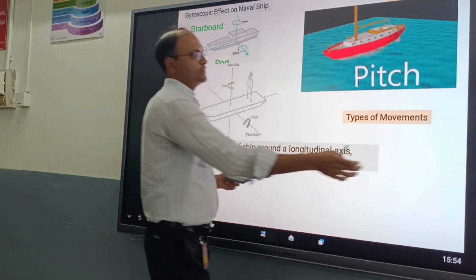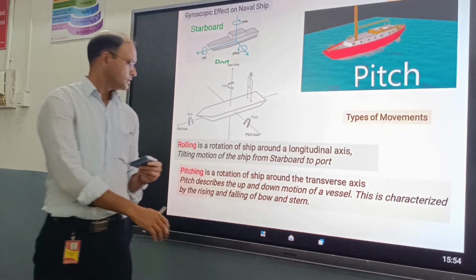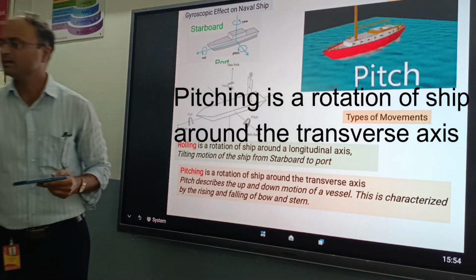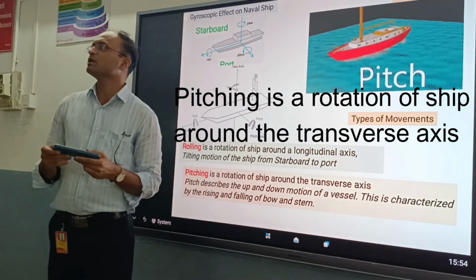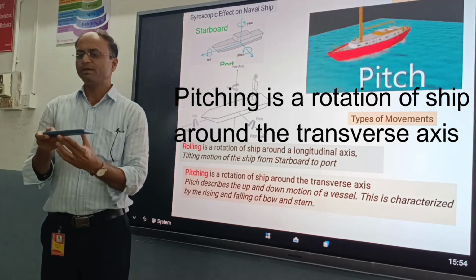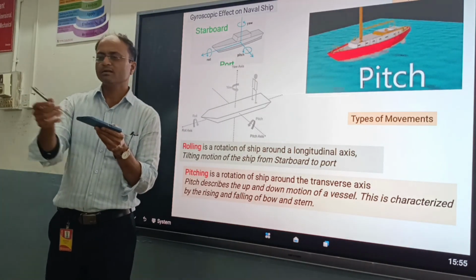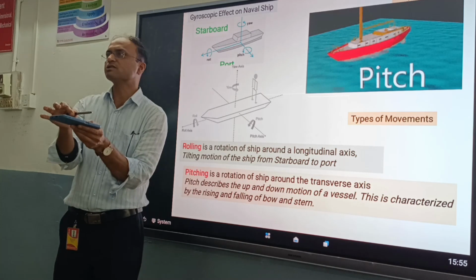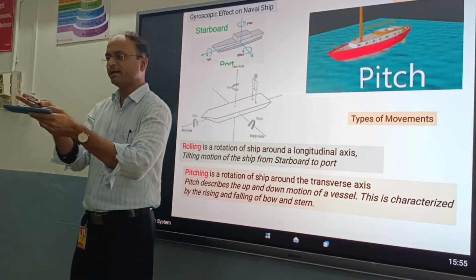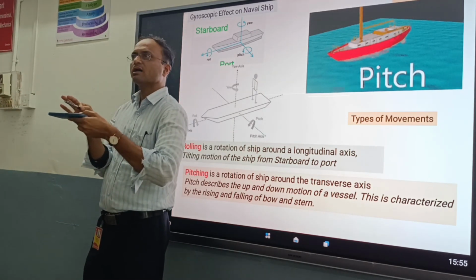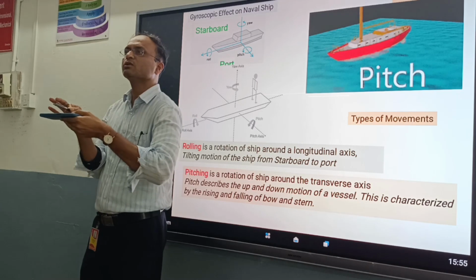Yes. Let us see the second motion. Second is pitching. Pitching you must have heard or seen in the case of an airplane. Pitching is around the transverse axis. This is the longitudinal axis. This is the transverse axis. And for you people I will make it like this, transverse. Around this axis, if you give it motion, what will the motion be like?